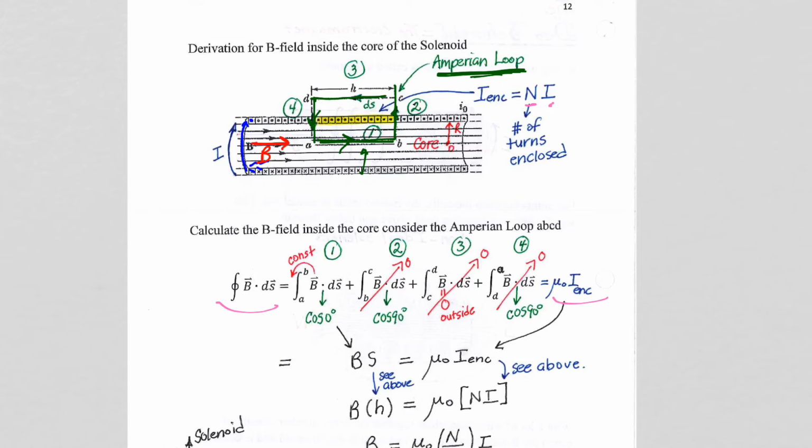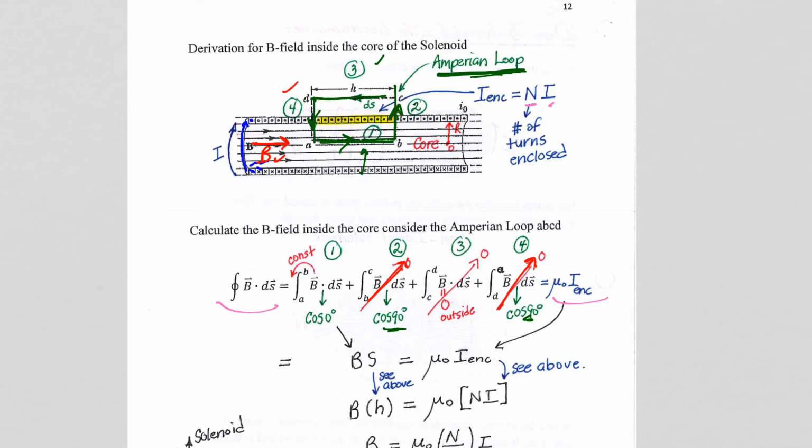But what we get with our Amperian loop rectangle is a really nice result, because we lose sections 4 and 2 because the B field here and the ds are at 90 degrees to each other, and cosine of 90 is 0.